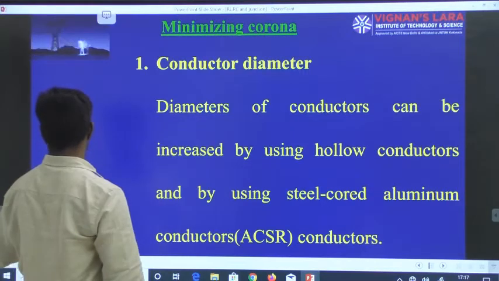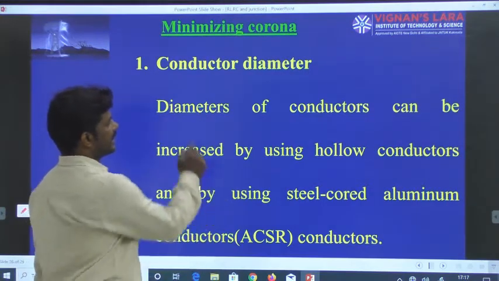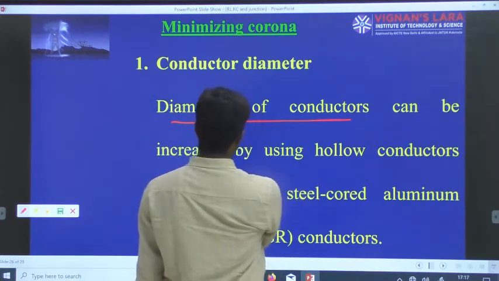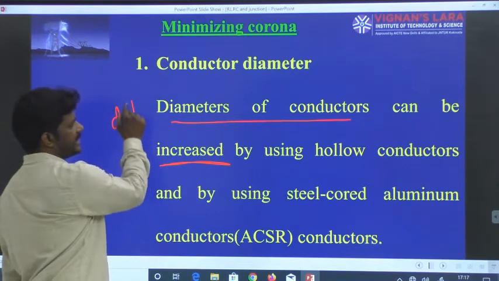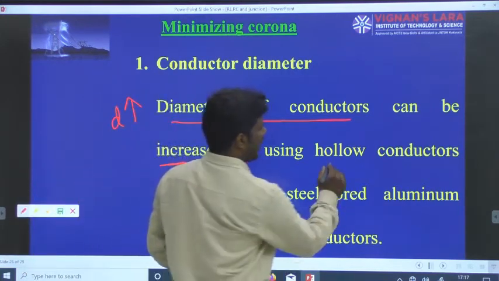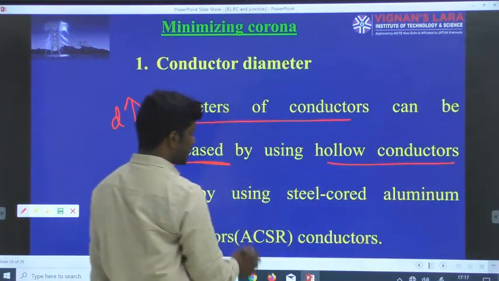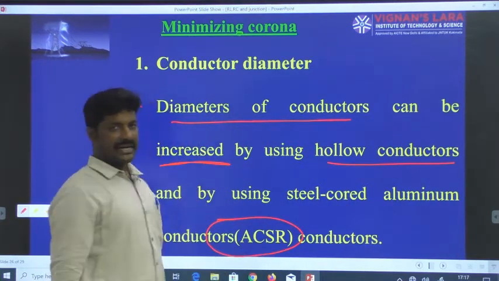The first one is the conductor diameter. Observing the conductor diameter, the diameters of the conductors can be increased. If the diameter of the conductor D gets increased, how to increase this diameter? Either by using hollow conductors, bundled conductors or ACSR conductors.